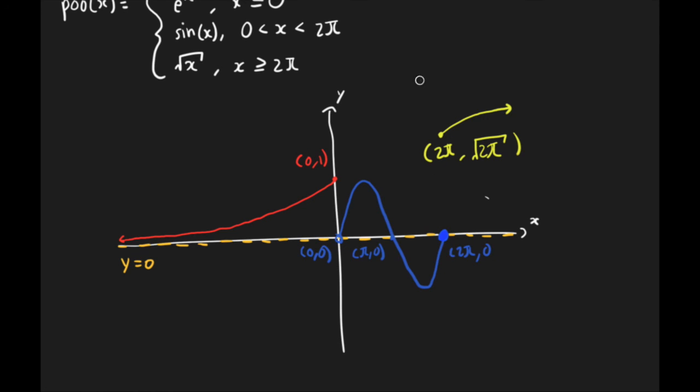This is not a function because at x equals 2 pi, it has two y values: a y value of 0 and a y value of root 2 pi. That's why we need to make sure we include that closed circle, because only then it's a function. Now if you draw a line through here, it only has one y value at x equals 2 pi because this is not included. So that's an important thing to note.